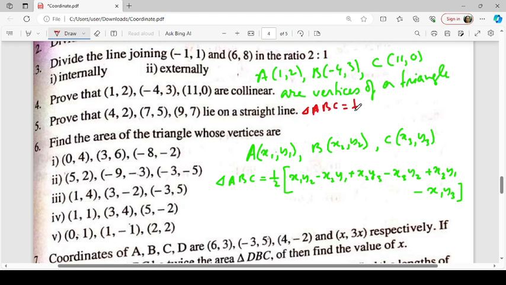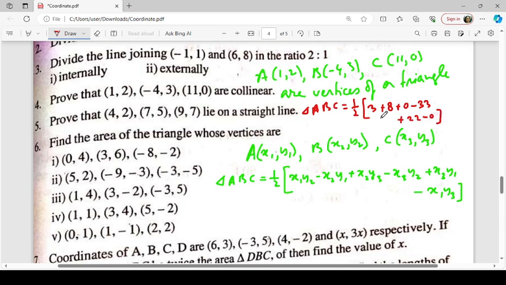Area ABC is equal to half of x1 y2, so 1 into 3 minus 2 into -4, it is 8, minus 8 is plus 8, then plus -4 into 0, it is 0, minus 11 into 3, it is 33, then plus 11 into 2, it is 22, minus 0 into 1, it is 0, minus 0.